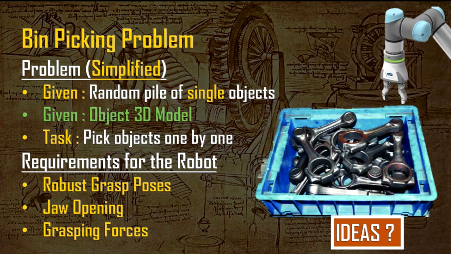Okay, I get what you're trying to do, you're trying to change the problem. The problem is that it's a random pile of single objects. If you arrange it in a systematic way, then... no, no systematic way. Because suppose you have a one by one square and your object is of size, let's say, 0.35.